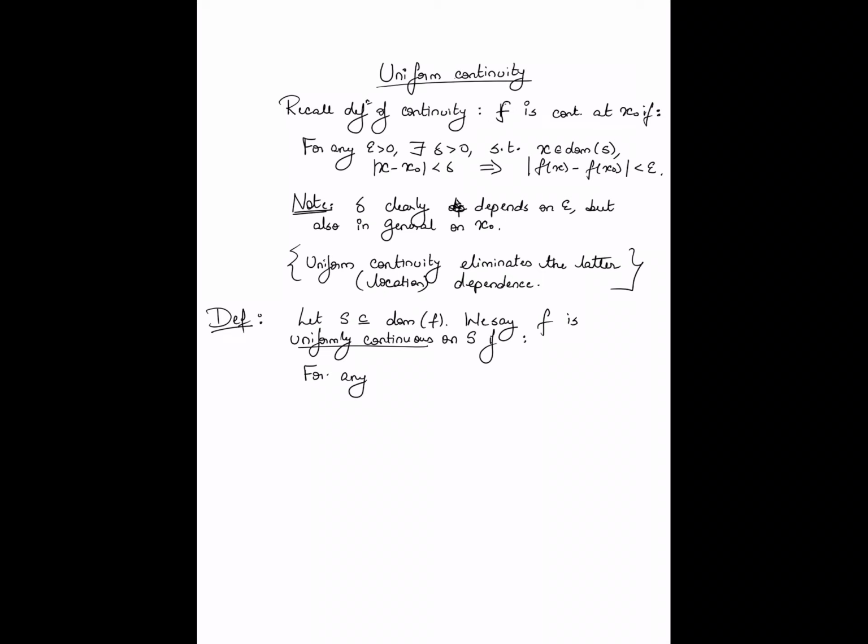For any epsilon greater than 0, there exists a delta greater than 0 such that if you pick any 2 points within S which are delta apart, the function values are guaranteed to be at most epsilon apart.